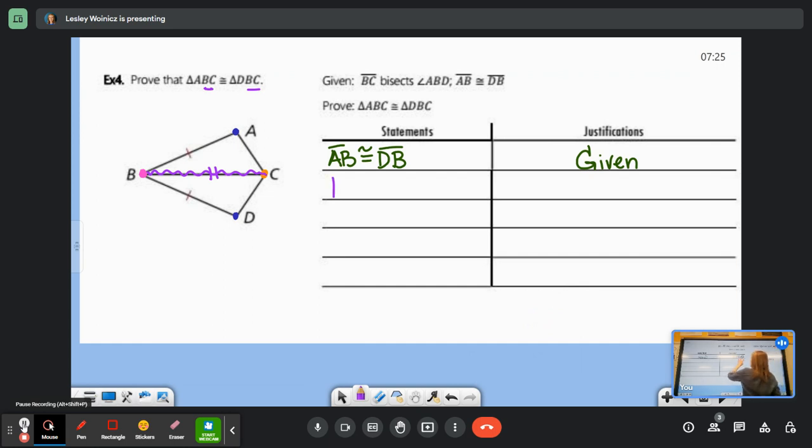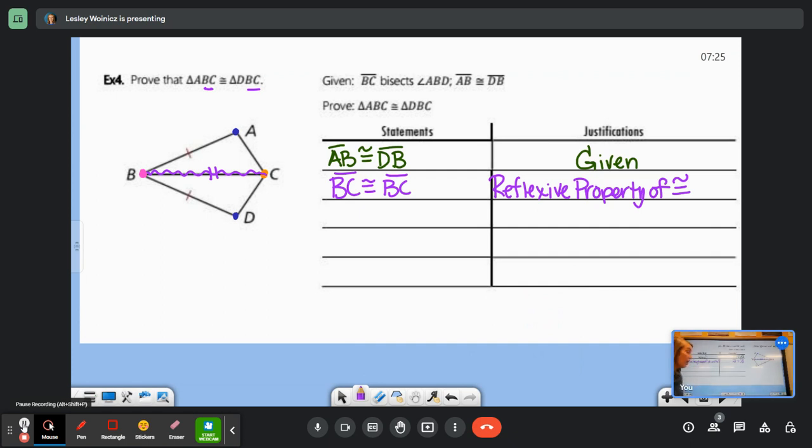So I know that side BC is congruent to itself. And I know that because of the reflexive property of congruence.